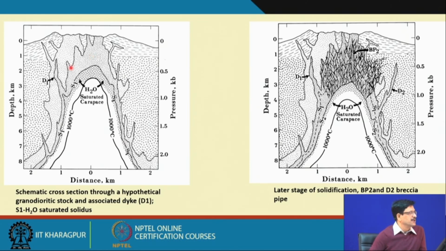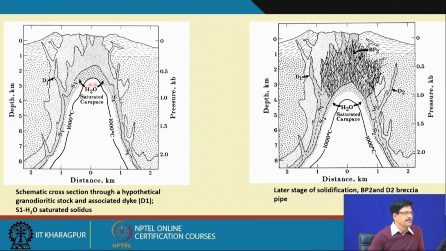If we take this particular body which is emplaced in any part of the crust, then during the progress of crystallization, this represents a hypothetical 1000-degree solidus for the system. What is shown here are some smaller injections of the same felsic material in the form of dikes, and S1 represents the water saturated solidus surface.